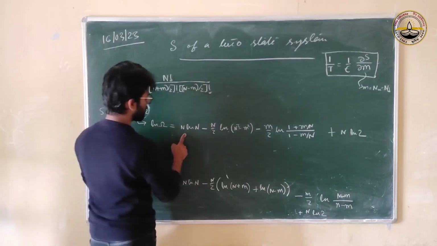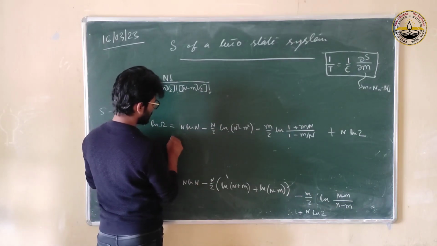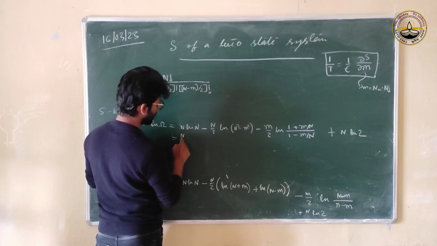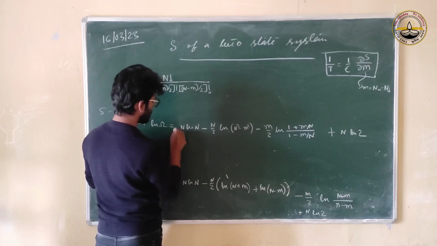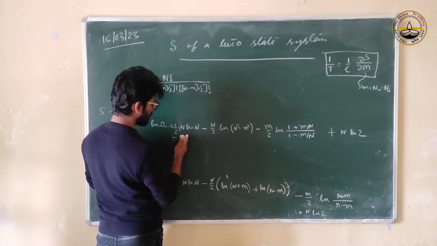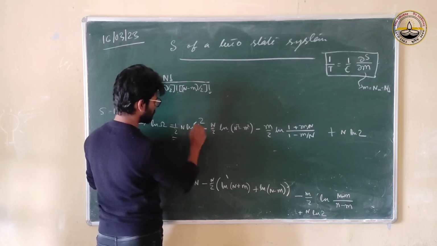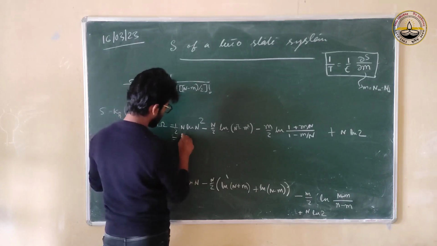Here though, I can write this as n by 2, and then, so I can write half and 2 here, right? And I can take 2 to the power of log. That I can always do.